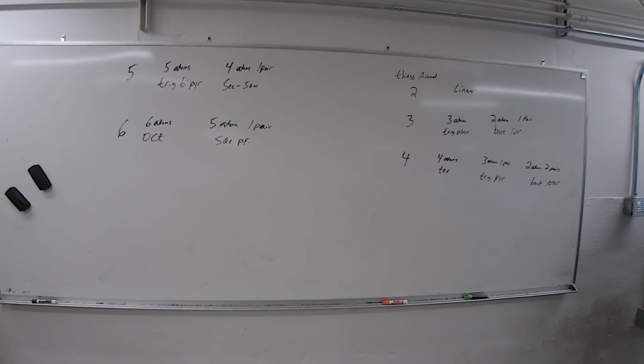Somebody said wait, you got 2 lines and 1 pair, so that's 3 things around it. Oh, trigonal planar. There's no pairs around it. Trigonal pyramid.